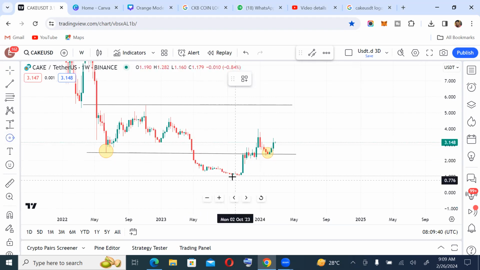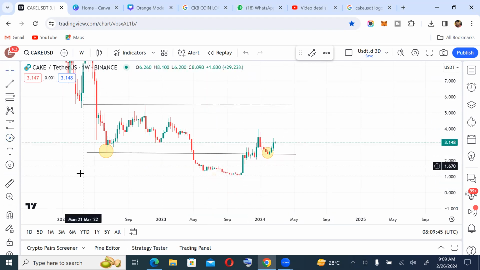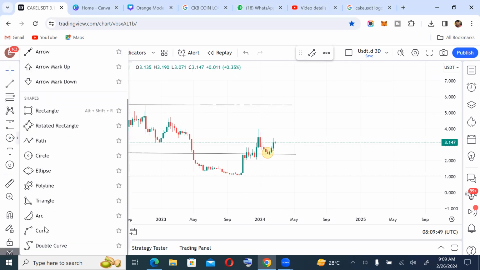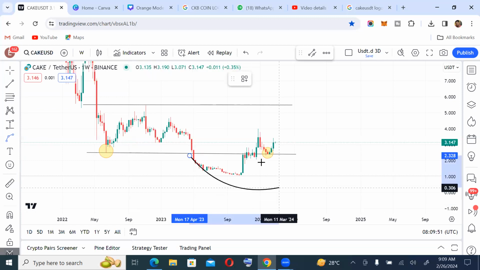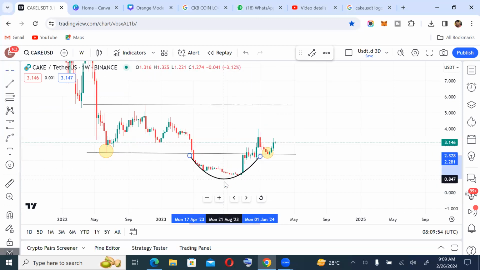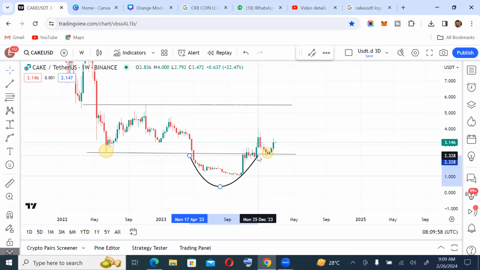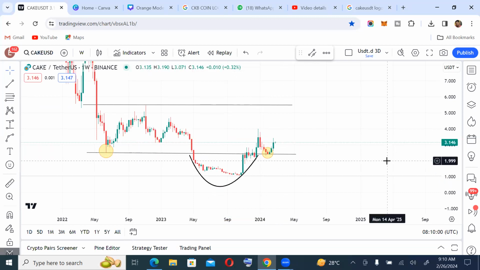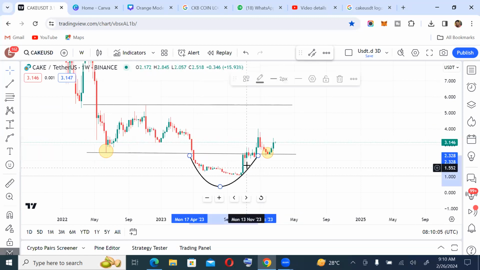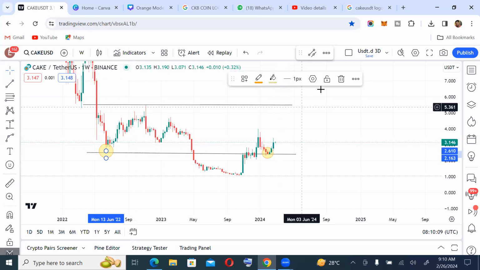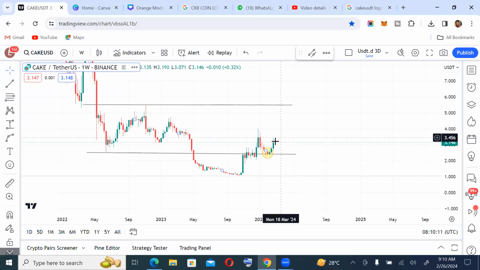You can see we have our neckline somewhere around here. So we have our neckline right here. Can you see this? Amazing stuff. But this is not the only confluence we need. I'm just showing you things that are already happening.